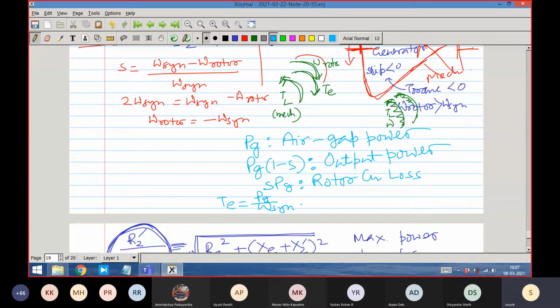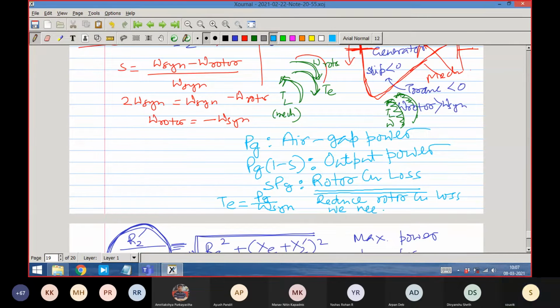So for a given torque, S should be as small as possible. Otherwise, there is rotor copper loss. So in order to reduce rotor copper loss, we would need to operate at lower slip.